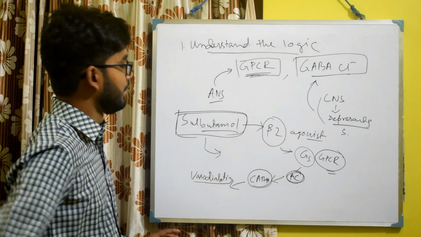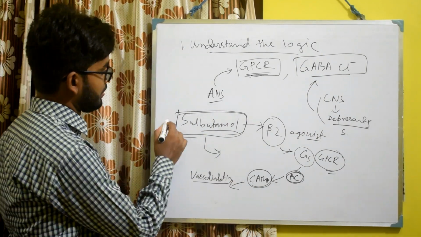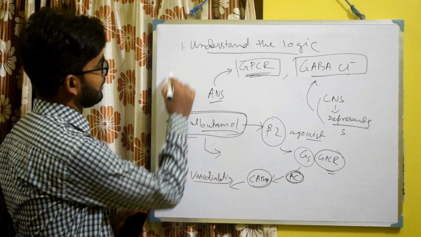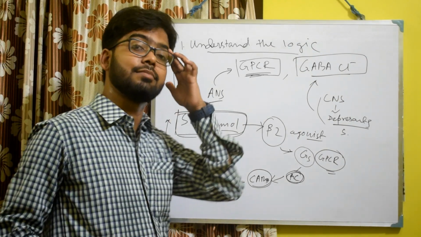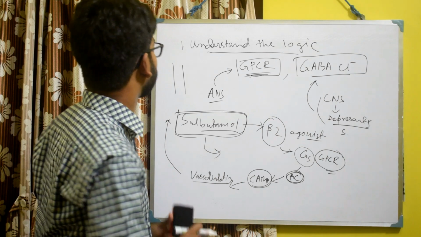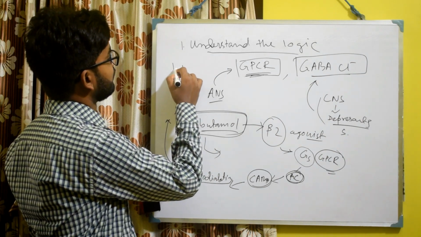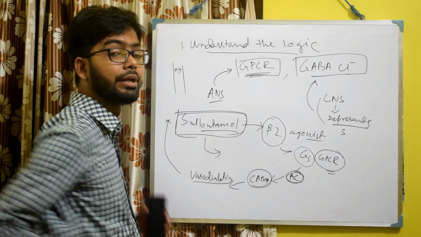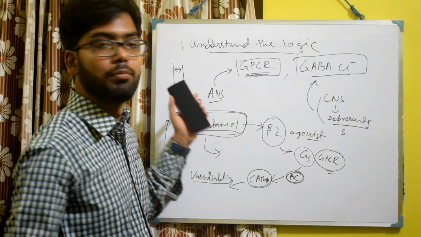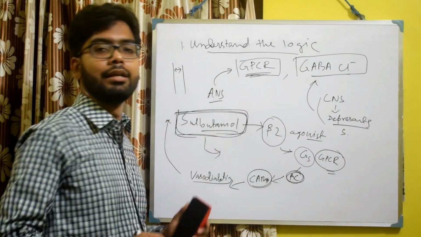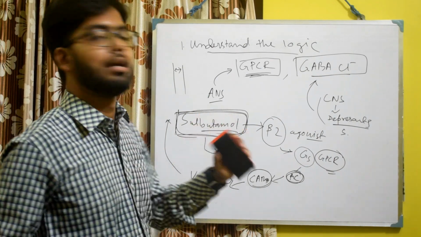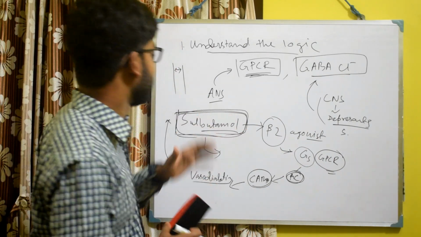That is why salbutamol acts in bronchial asthma. It is used to dilate the bronchi, the smooth muscle of the bronchi, and salbutamol is often used in an inhaler to treat asthma. So this is the mechanism.